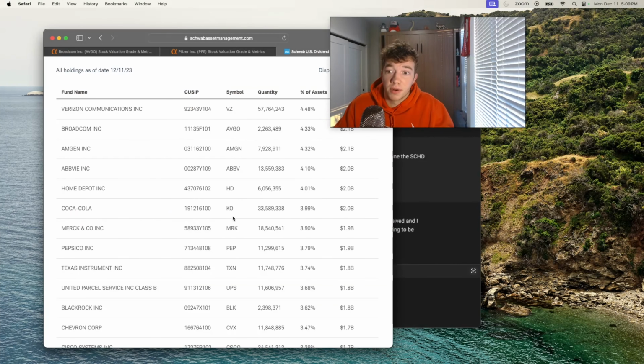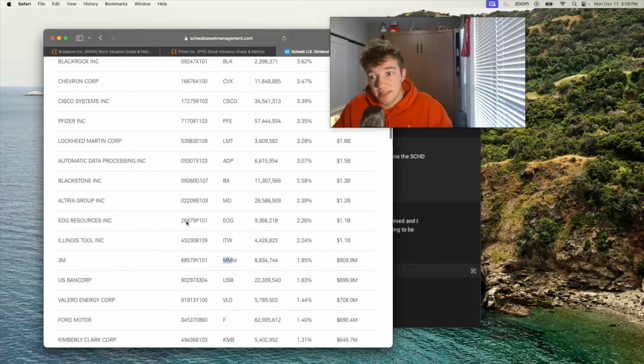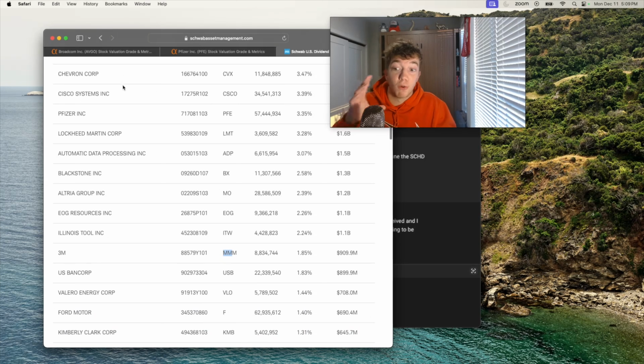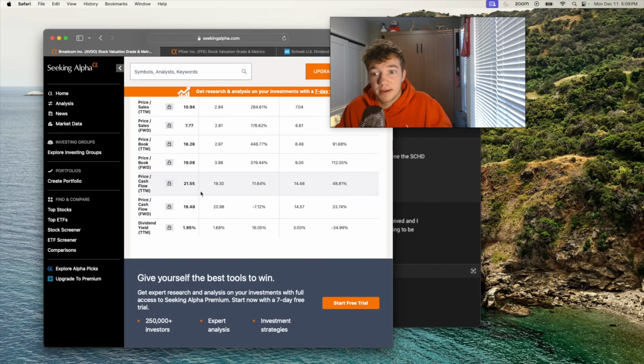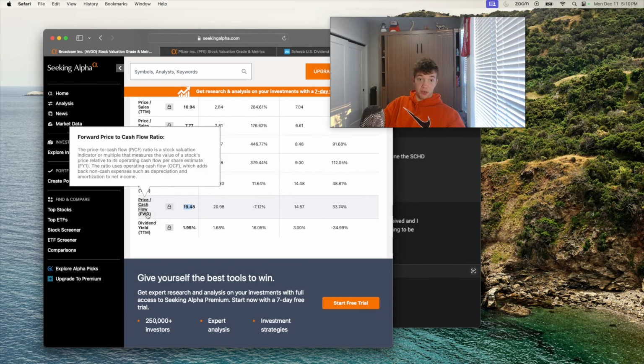So this subscriber has his list of stocks and he's looking for the holdings he wants. Not only that, he's looking for valuation. Just as an example of how I personally go about this, in order to identify valuation, or I should say undervaluation, I like to use the forward price to cash flow.